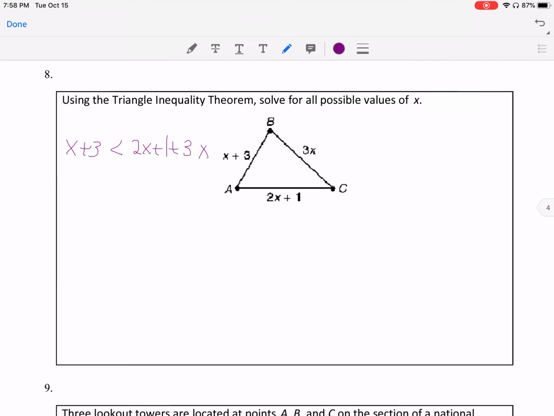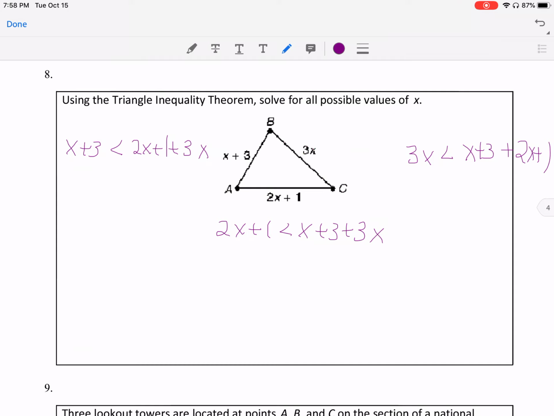That's our first one. Okay, we also know that our 2x plus 1 side has to be less than x plus 3 plus 3x. And I also know that my 3x side has to be less than x plus 3 plus 2x plus 1.